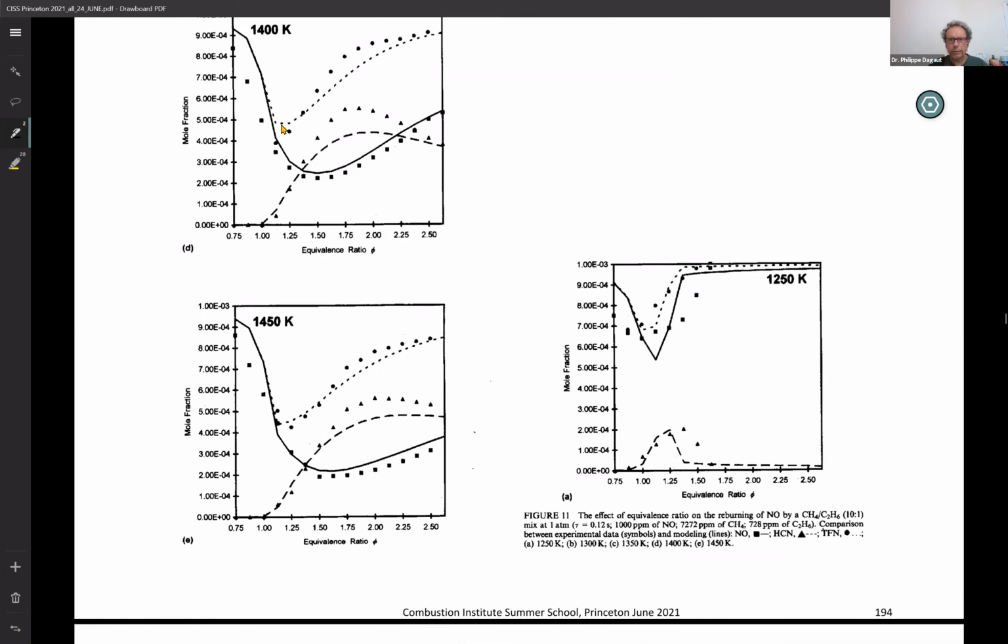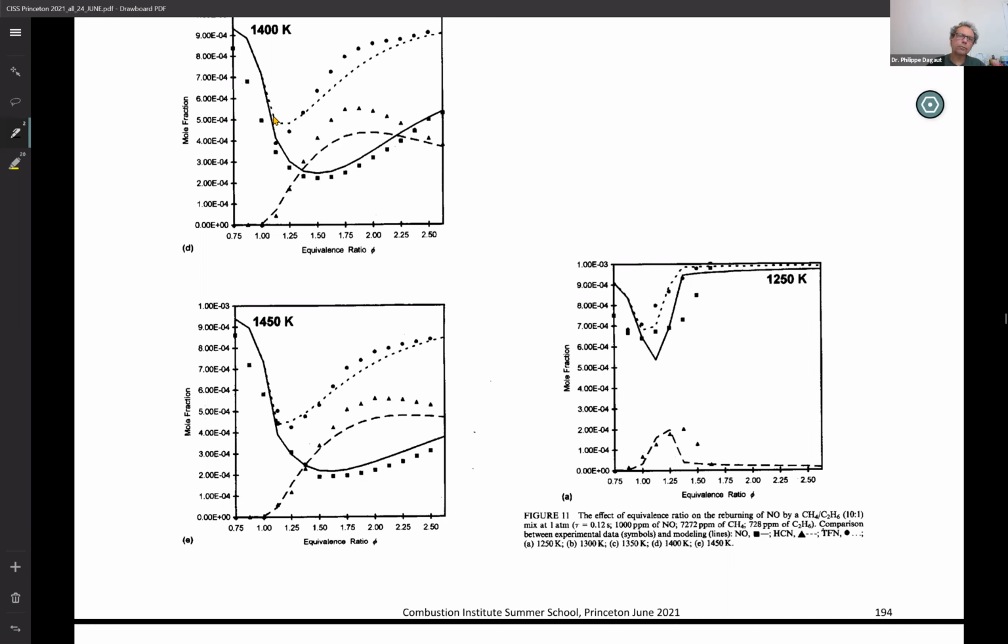And finally, if we look at the same system at much lower temperature, 1250 K, you can see that there is only 30% conversion. And of course, the formation of HCN is much less.